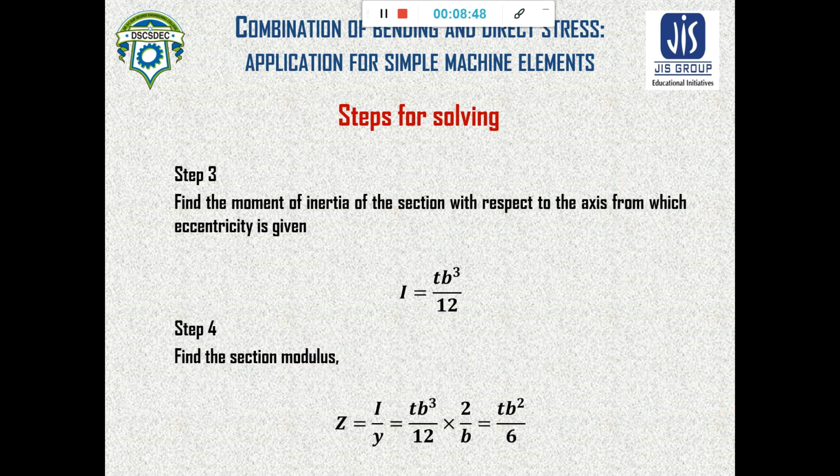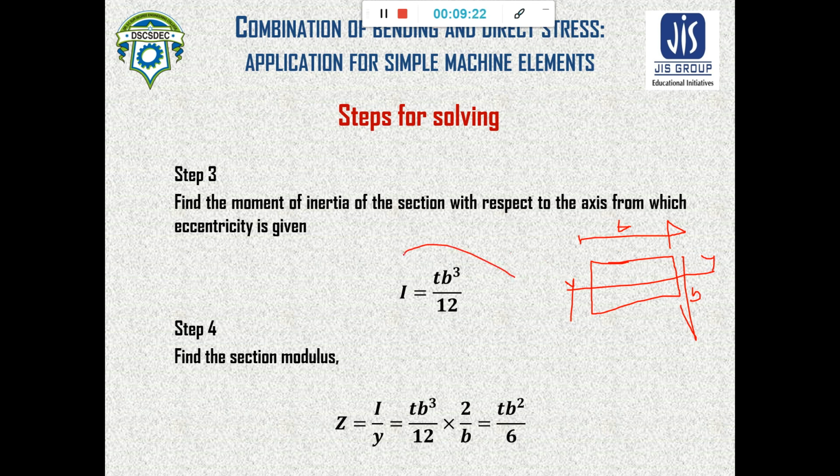First one is the moment of inertia value. The moment of inertia for a rectangular cross section will be nothing but T B cube by 12. So if we check with this axis, if this is B and this is T, then with respect to this axis, what will be the moment of inertia?